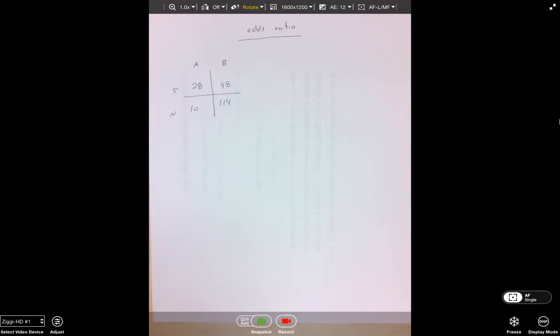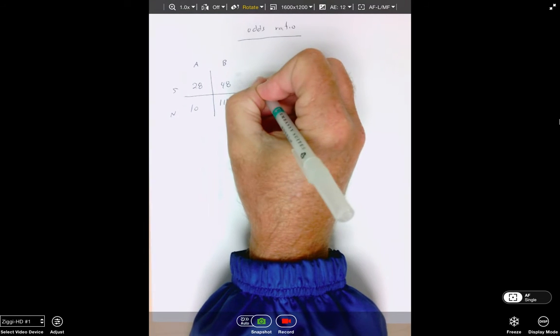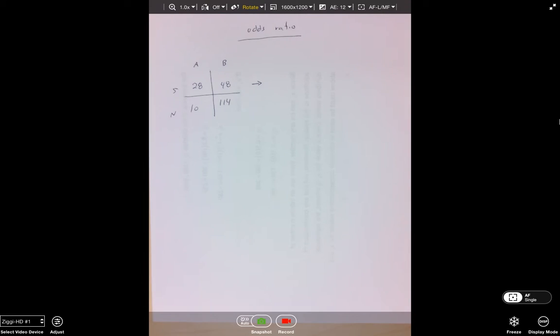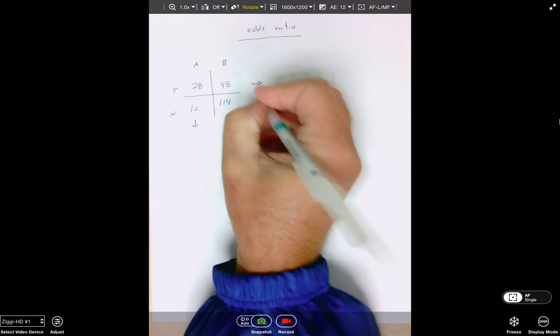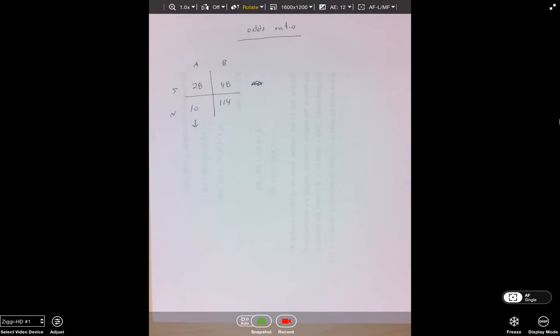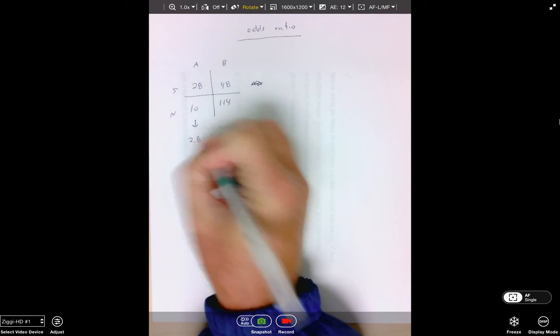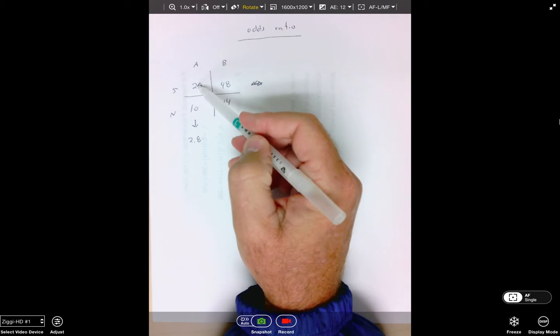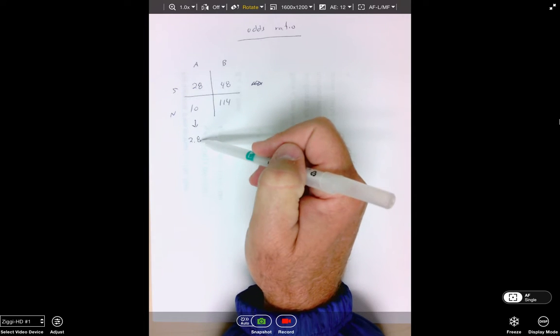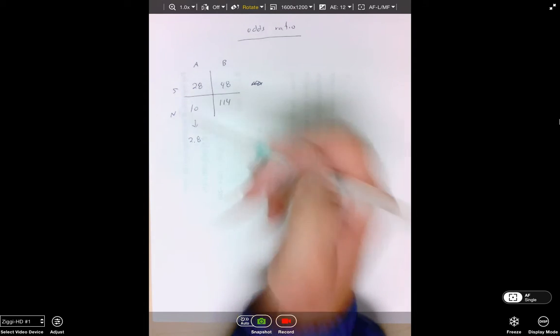So what I can look at in this situation is, first of all, I could look at the success for Professor A. So 28 divided by 10, 2.8. So a student in Professor A's class is 2.8 times more likely to succeed than not succeed.